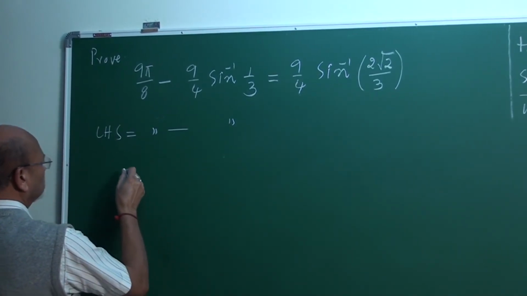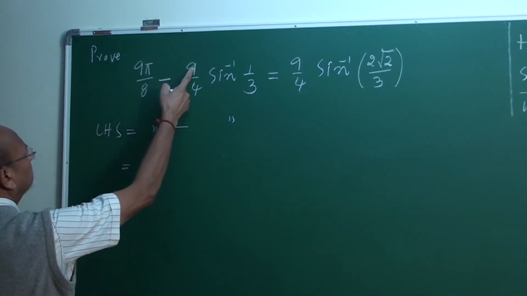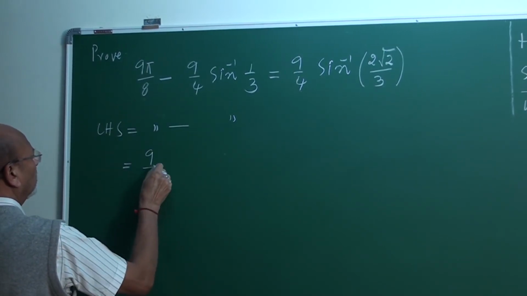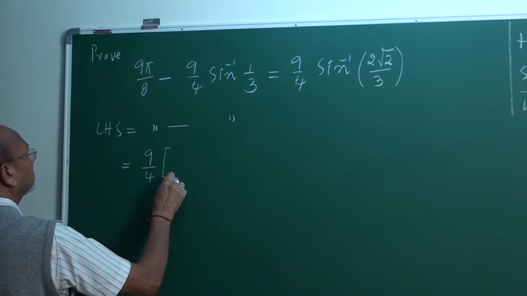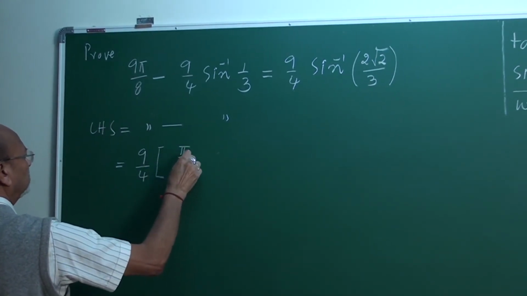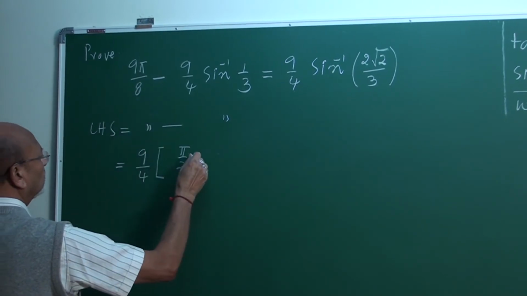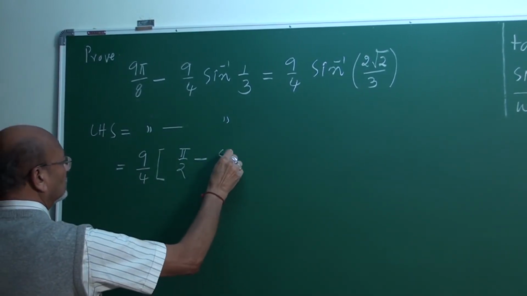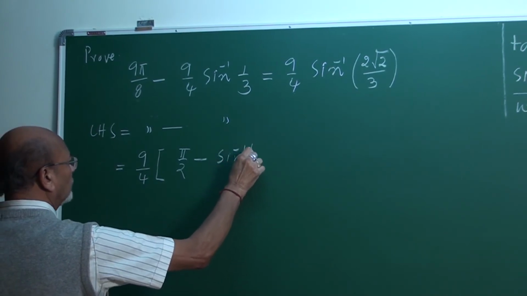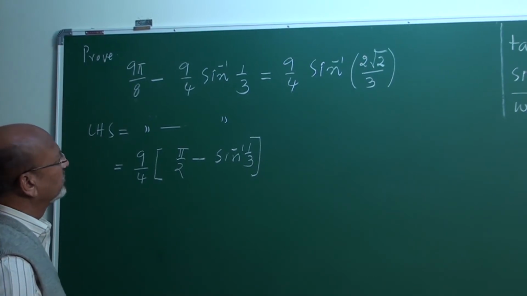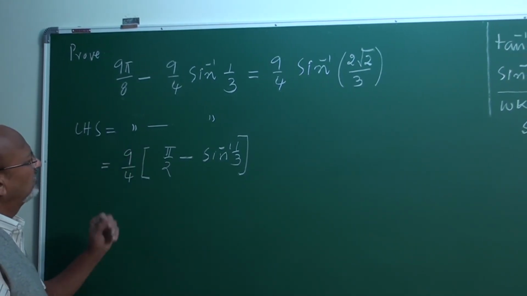And what is your observation? 9 is common. 8 and 4, 4 is common. You are left inside. 9 is taken, 4 is out. Pi by 2 is left. Minus. Pi by 4 is taken out. It is what? Sin inverse 1 by 3. Taking 9 by 4 common.